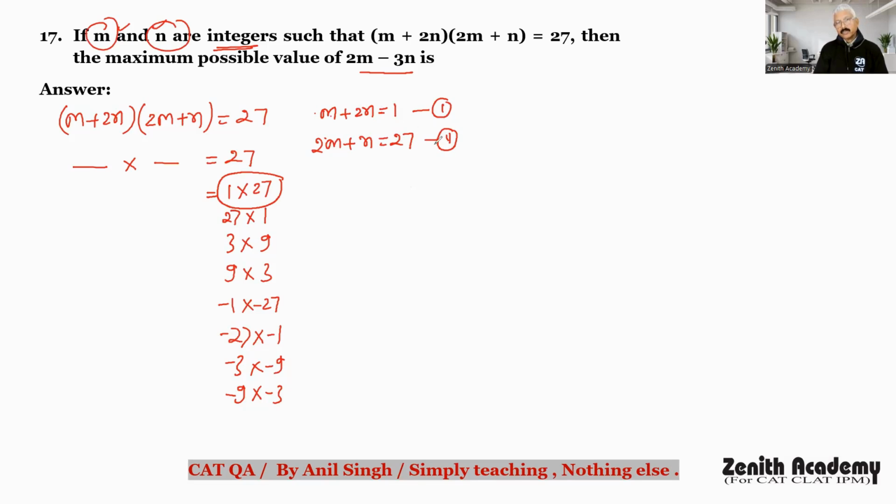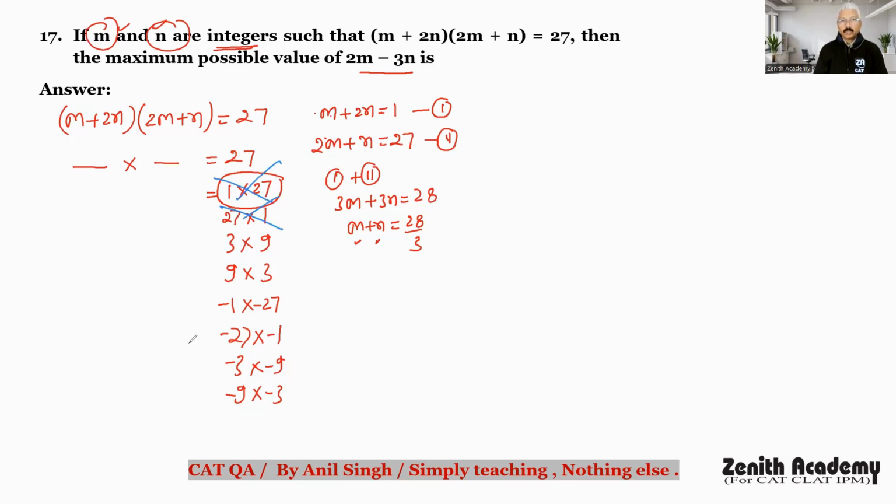If we add equations 1 and 2, then 3m plus 3n is equal to 28, and m plus n is 28 by 3. 28 by 3 is not an integer, and when m and n are both integers, m plus n must be an integer. So 1 and 27 is not possible.